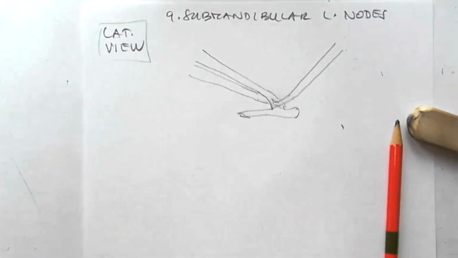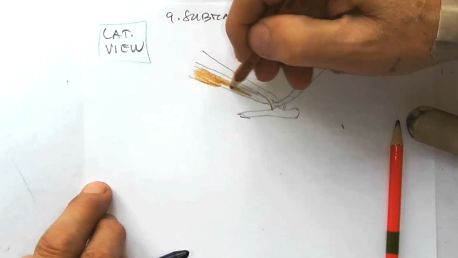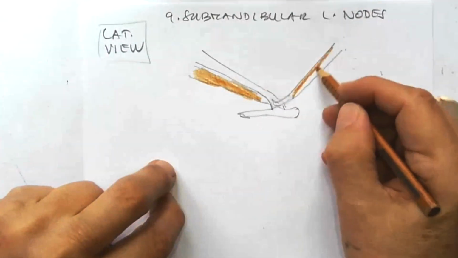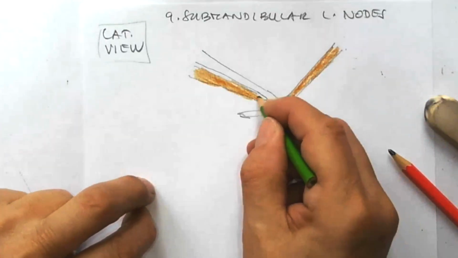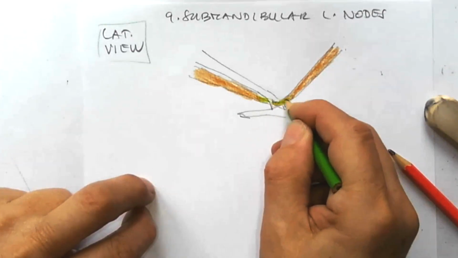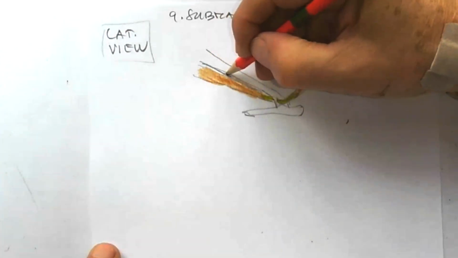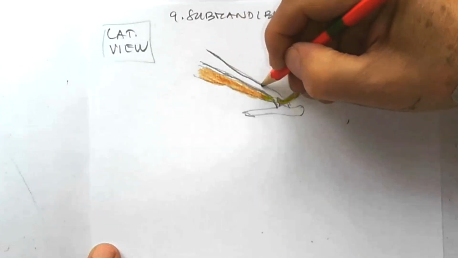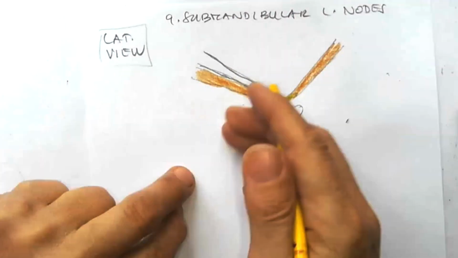Fine. Colors. Posterior belly light brown, then anterior is light green, that central tendon, and then again repeating the fact that there is the stylohyoid with the direct attachment to the hyoid.